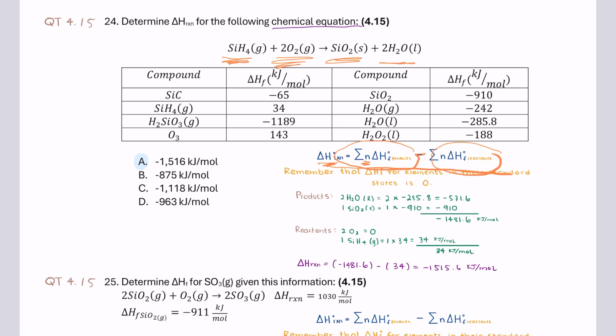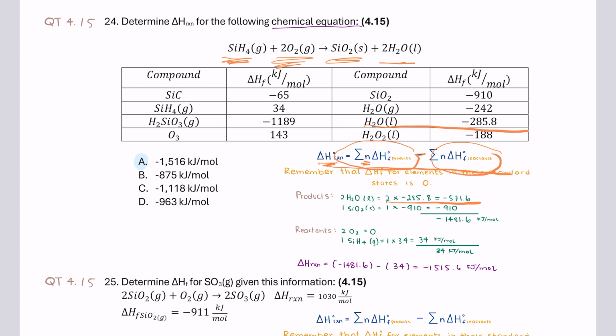We have 2 different products, liquid water and silicon dioxide. The standard enthalpy of formation for liquid water is negative 285.8 kilojoules per mole. Since we have 2 moles of water forming, we multiply that by 2, and that gives us negative 571.6 kilojoules per mole.